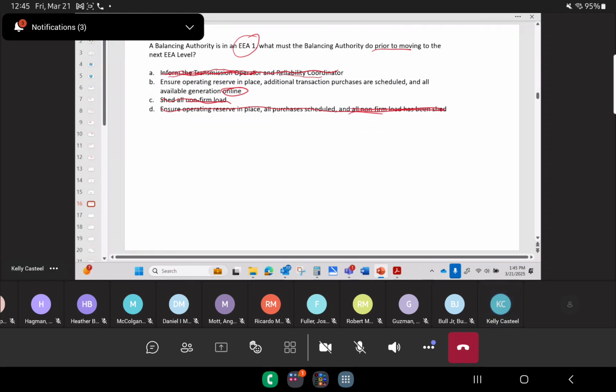Not something you would want to do is to make sure that all your generators are online before you went to an EEA2. You're going to have some generation available, but you don't have to have it online before you go to an EEA level 2. So for this one, of those, answer option B is the best one, but I don't necessarily agree with that last statement about having all generation available online.